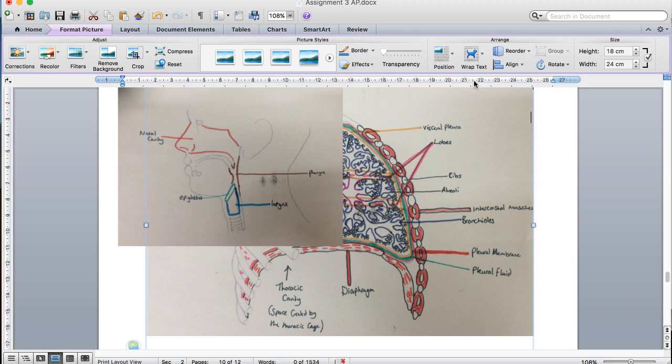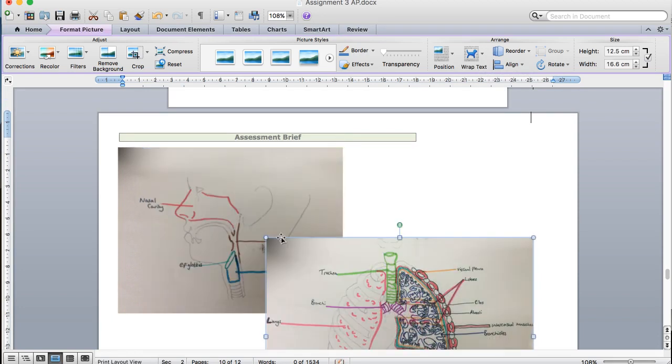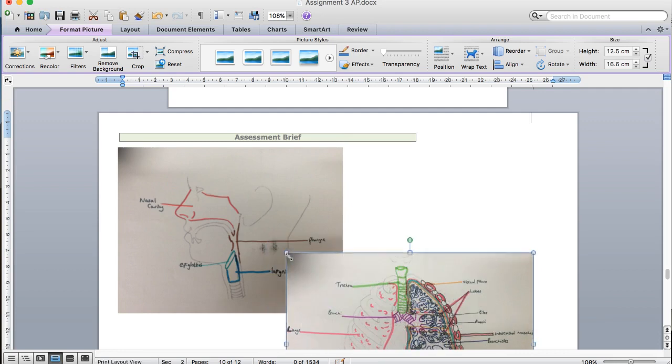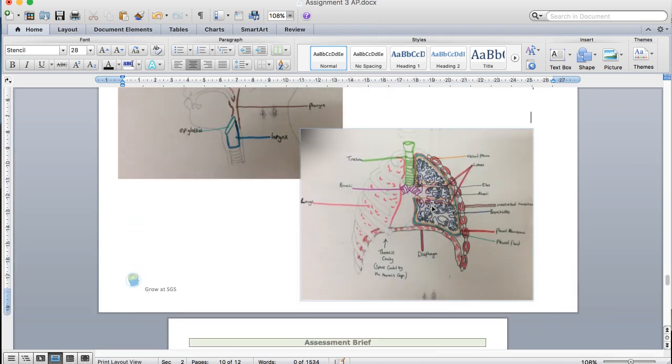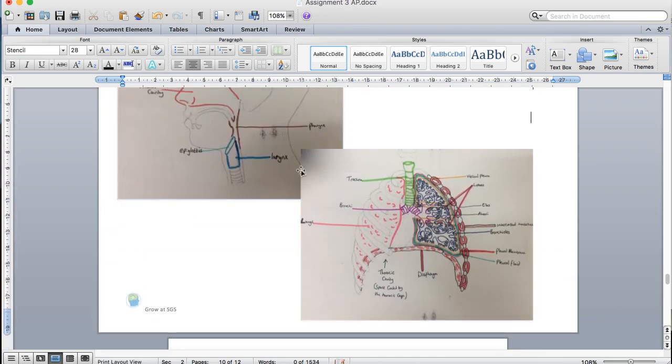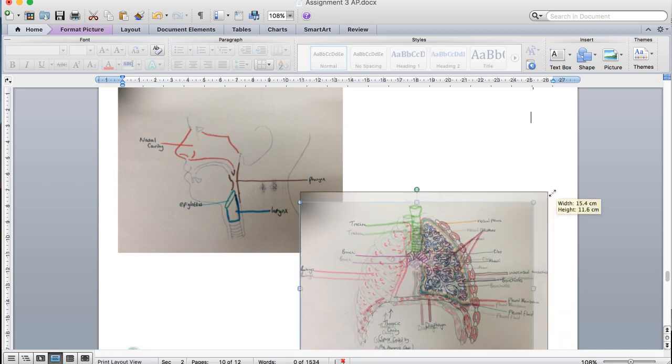And again, what I'll need to do here is probably put it in front of text and just move it around a little bit so that it's in position, so Alex can see my diagram and see what's labelled up. And if you need 2 pages, use 2 pages if that's what you need. But at the moment, I can see each thing that's labelled up here. I can clearly read it. Probably need to make that a bit bigger, if anything.